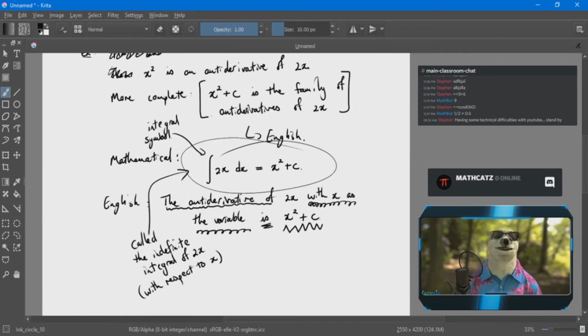Now, when I only have one variable, it's sort of implied what the variable is, so I don't have to say that bracket portion, but in this mathematical representation, I do need to have my integral symbol telling everyone we're looking at antiderivatives, and my dx, or the d with whatever the variable name is, to indicate that x is my variable and nothing else.